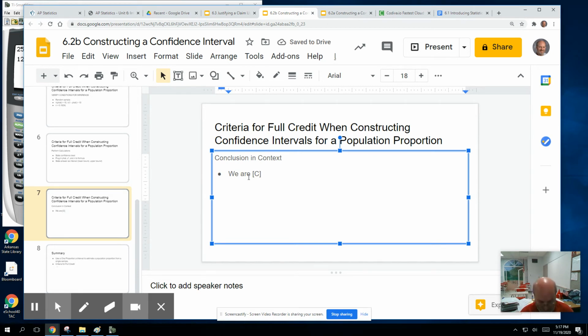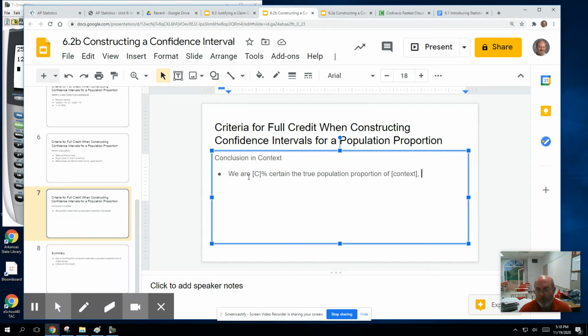We are, C is our confidence level, so we say we are C% certain the true population proportion of, here's where we put in context, whatever we're dealing with. It could be frogs that eat flies. It could be eggs that hatch. It could be fruit that goes bad in the grocery store before it sells.